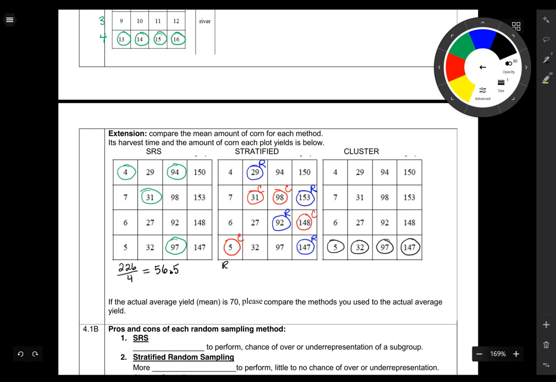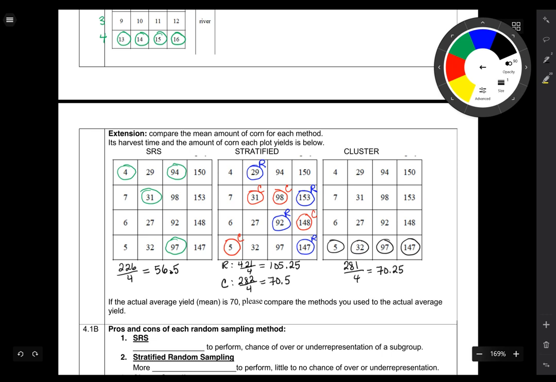For the row, I got 421 divided by 4, which is 105.25. For the column, I got 282 divided by 4, and I got 70.5. And lastly, for the cluster, I got 281 divided by 4, and I got 70.25.